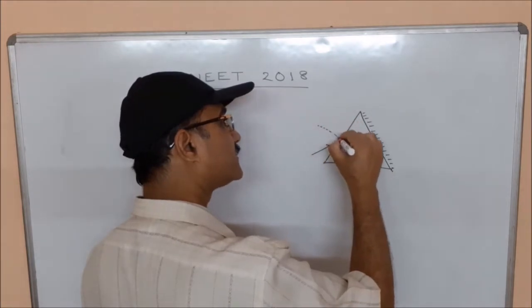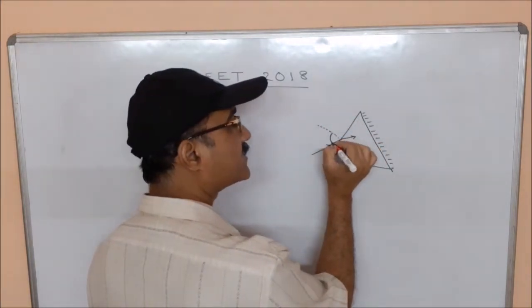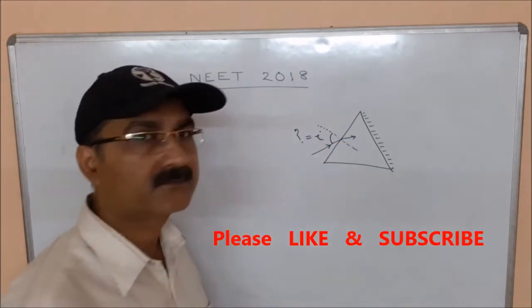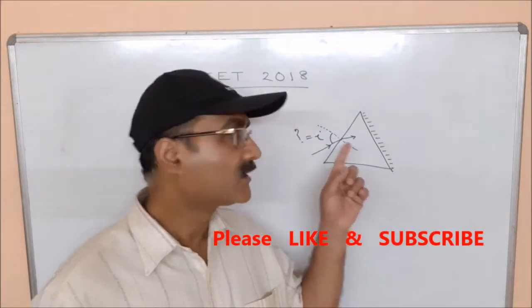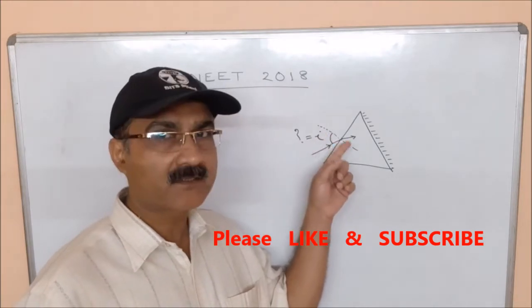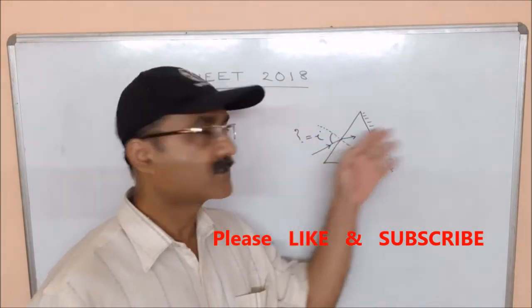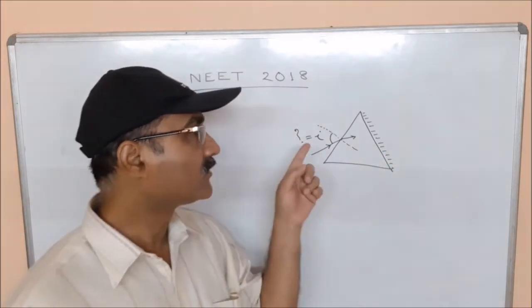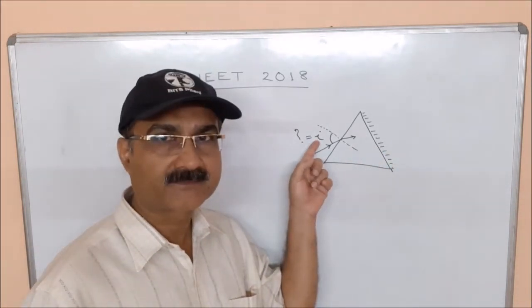For some condition, the question is asking us this angle of incidence. We have to find the angle of incidence for which something happens here. So first thing we have to understand is we have to find I.